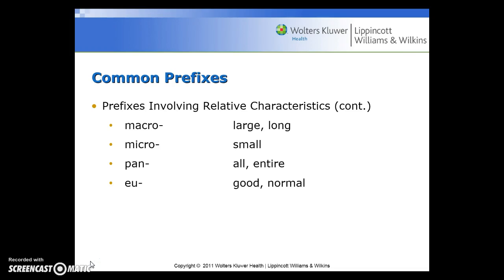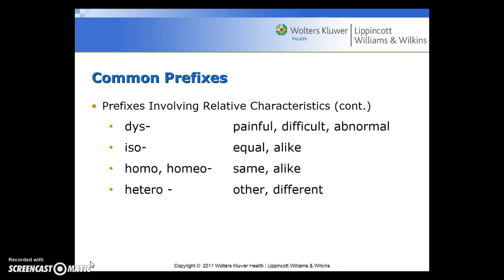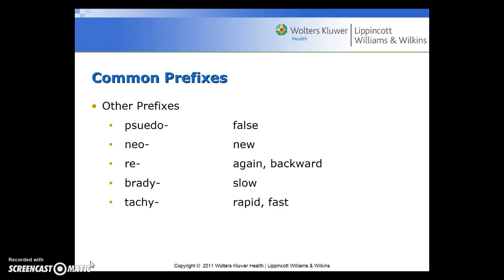Additionally, prefixes involving relative characteristics continue to include macro for large or long, micro for small, pan for all or entire, eu for good or normal, dys for painful or difficult, abnormal, iso for equal, alike, homo or homeo for same, alike, hetero for other or different.